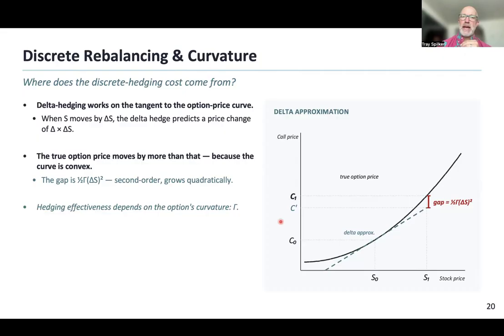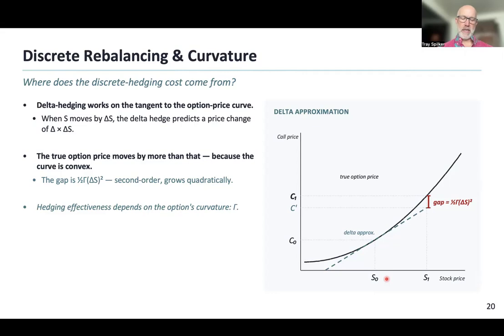So, for example, at S0 here, if you look at the graph on the bottom, we'll see that at S0, the tangent line to the pricing curve, which is delta, gives us an approximation for the option price change with respect to changes in the share price for small moves around the initial share price.